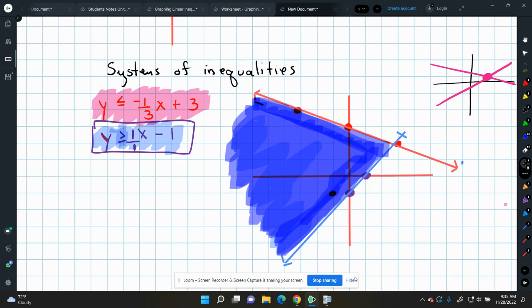So pick something that's obvious, like maybe -3, 1. 1, -2 will not work because it's right here. It has to be in the shaded area. 1, 2 will work. The other one would be -1. Okay, 1, 1. Yeah. Okay, that'll work.